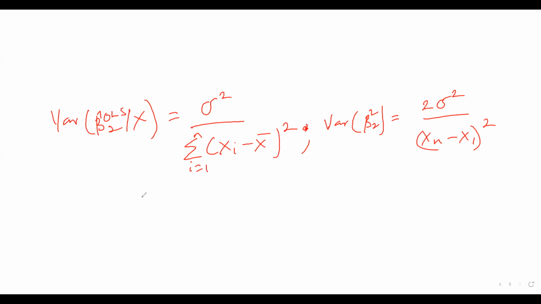So we have 2 sigma square over xn minus x1 all square.